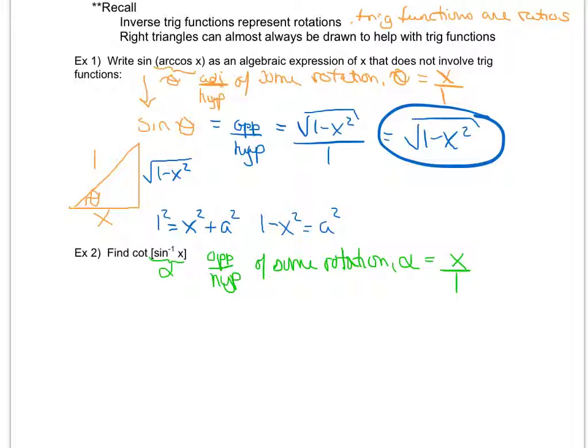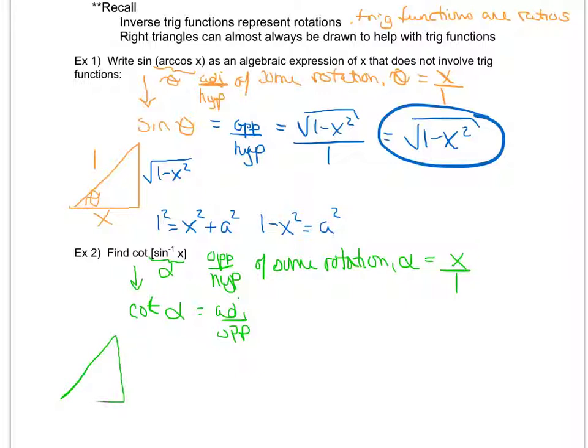Now, aren't I trying to find the cotangent value of that alpha? And isn't cotangent just adjacent over opposite? I have the opposite, I don't have the adjacent. But if I have two side lengths, I can draw a right triangle and use Pythagorean's theorem to find the missing one.